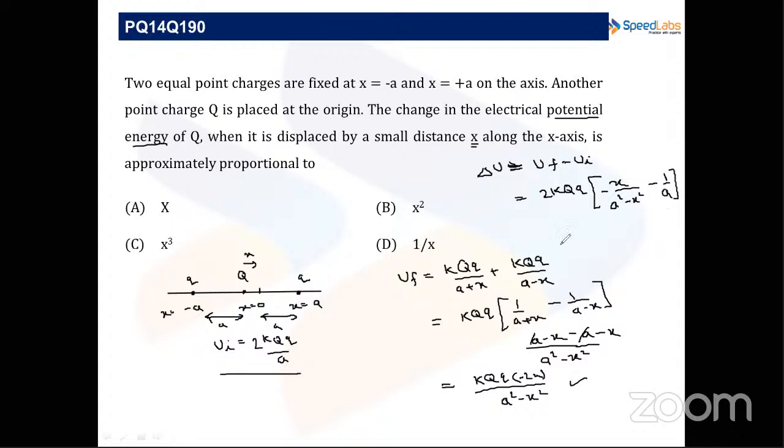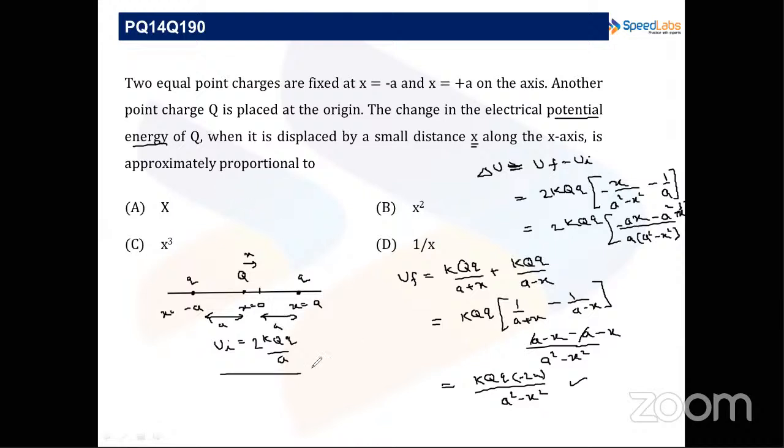I have taken everything common. Now नीचे में just take LCM and solve it and then neglect the x when compared to a. So what do we get? 2kqq in bracket, it is a times a square minus x square. Now this is basically ax, then it is minus a square plus x cube, right? I'm writing it over here.